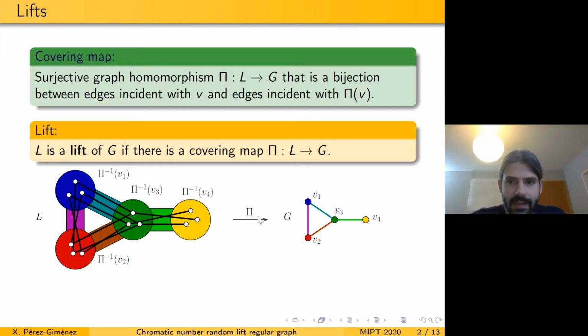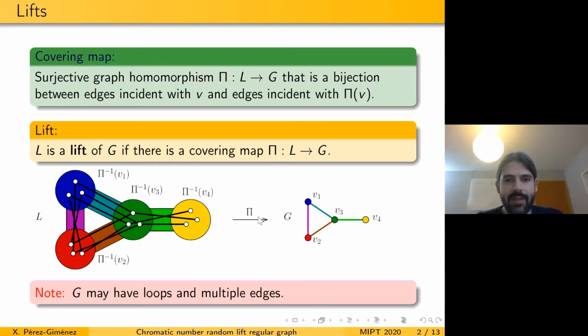This definition can be extended, though you have to change it a little bit, to base graphs that have loops and multiple edges. Multiple edges don't pose a big problem. If you have a repeated edge here, there's going to be another perfect matching between these two fibers.